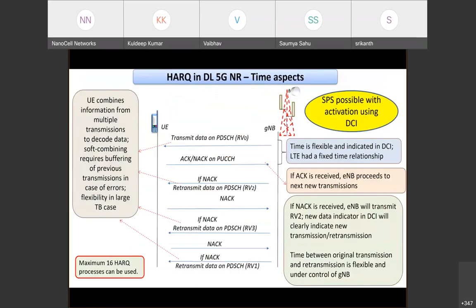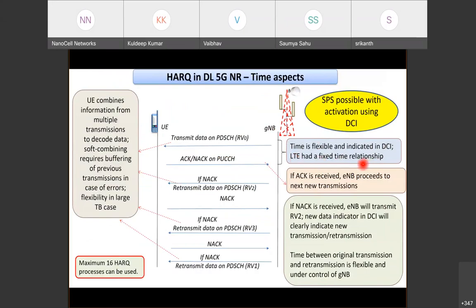So with that, I come to some of the last things. Though I didn't officially put this in, I think there are also very important enhancements in the hybrid ARQ mechanisms, both on downlink. Here I'm just talking about downlink, but both on downlink and uplink. Most important is it's very flexible HARQ. LTE had very rigid time relationships.